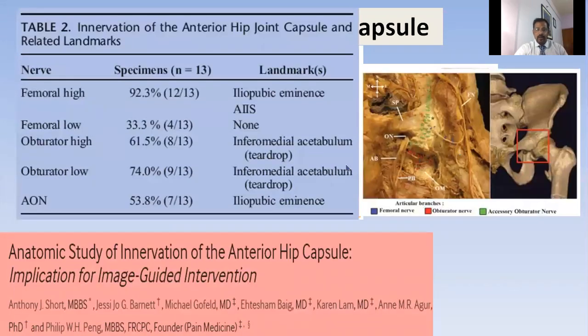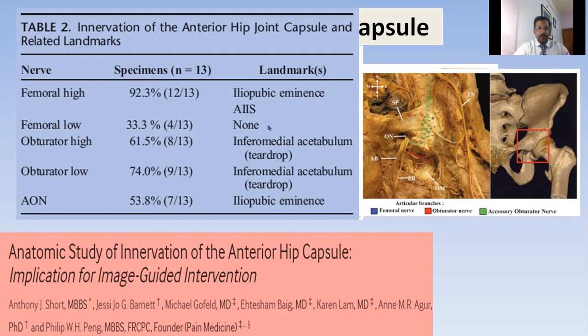And what are the relevant landmarks where these articular branches run? This is more important if you are doing your blocks for chronic hip pain, and the blocks which have been recently innovated, which Dr. Amjad will be talking about after my presentation. So what are the relevant landmarks?